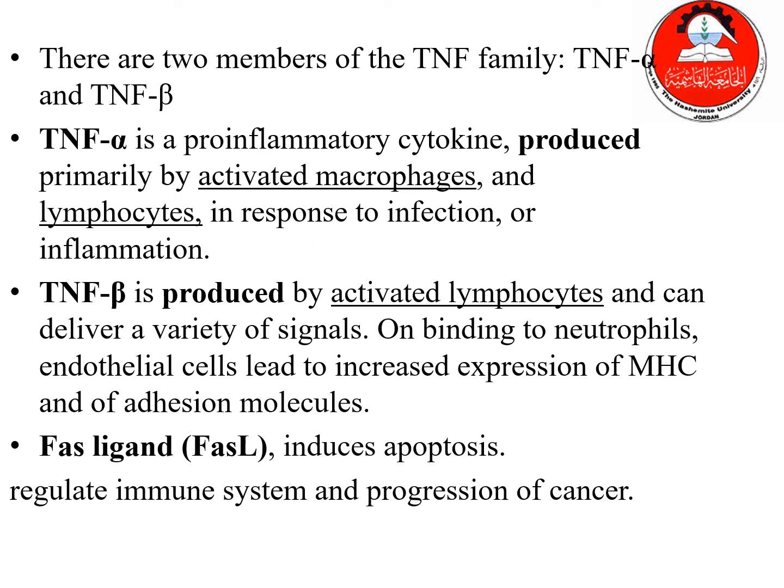TNF alpha is a pro-inflammatory cytokine produced primarily by activated macrophages and lymphocytes in response to infection or inflammation. TNF beta is produced by activated lymphocytes and delivers a variety of signals on binding to neutrophils and endothelial cells, leading to increased expression of MHC and of adhesion molecules.